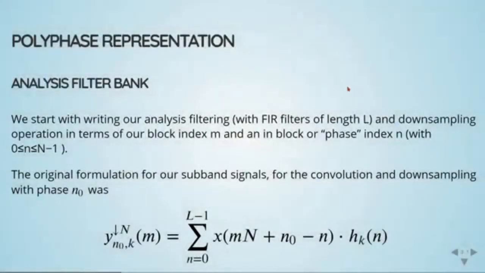We start our journey into polyphase representation by taking a look at the analysis filter bank. So we start with writing our analysis filter with FIR filters of length capital L and the downsampling operation in terms of our block index m and an in-block or phase index n, with n between 0 and capital N minus 1.